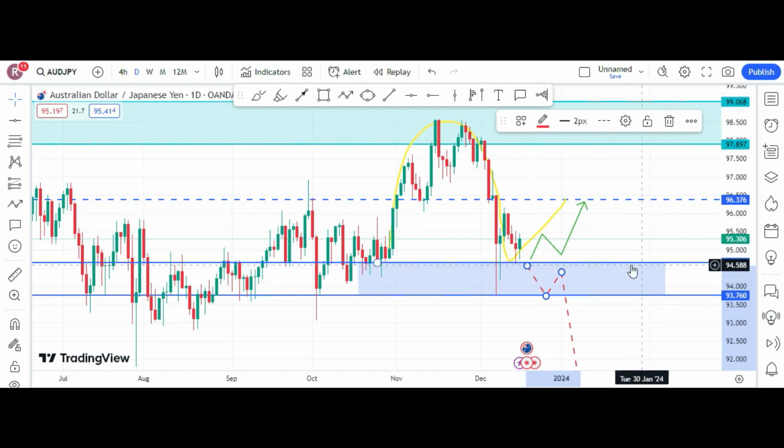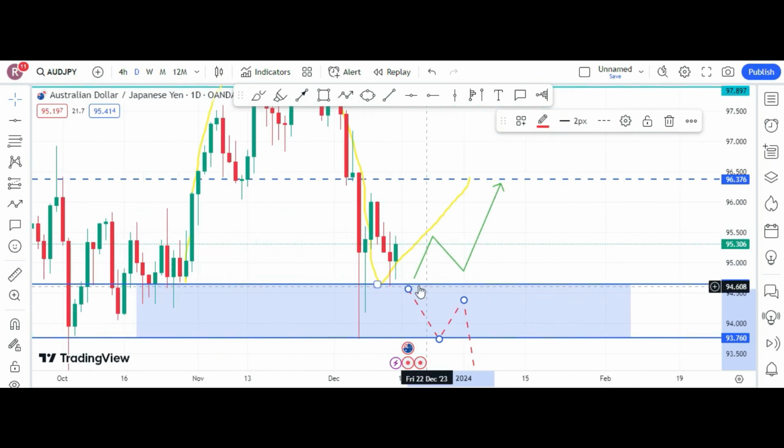The recent support break of this price zone has not happened, and this is the zone where it came down and failed and opened. Again it tried and it didn't even touch the blue line and started moving upward. So that's it for AUDJPY.